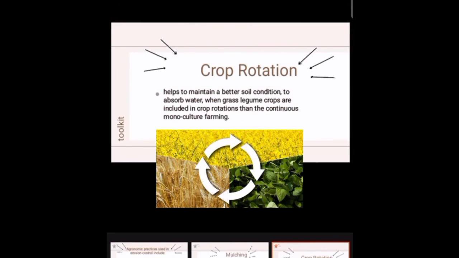Next is crop rotation. Crop rotation helps to maintain a better soil condition to absorb water. When grass legume crops are included in crop rotations, it is better than continuous monoculture farming. Crop rotation is a systematic sequence of planting one crop after another.